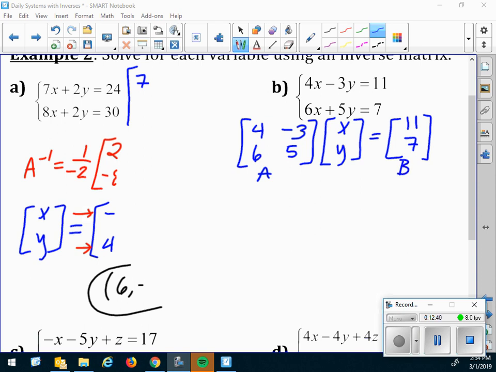What do I need to find? I need to find A inverse. -20 minus -18 is 1/38. Did we write that down right? Yeah, we did, didn't we? Yeah.